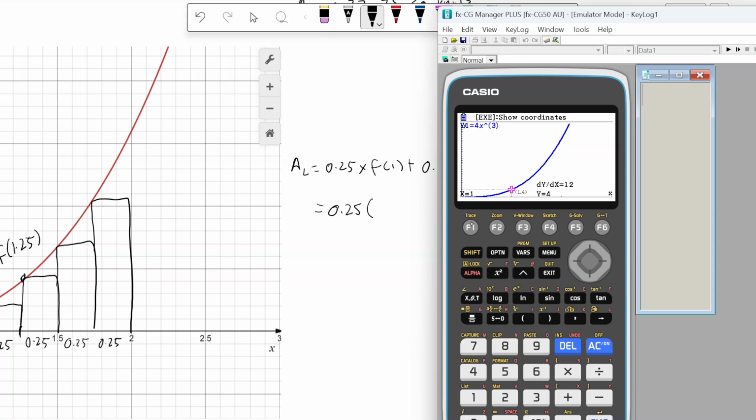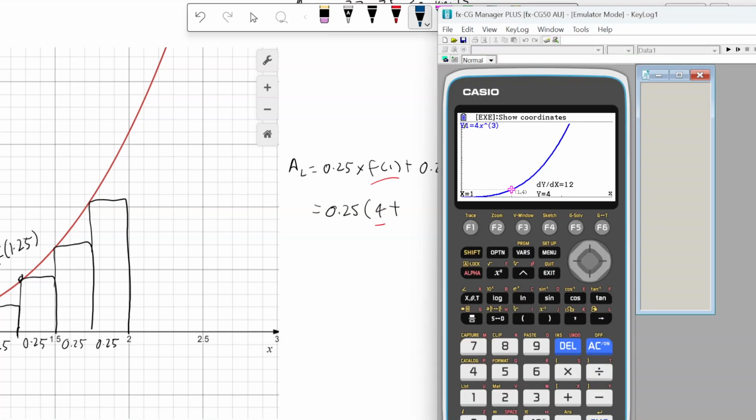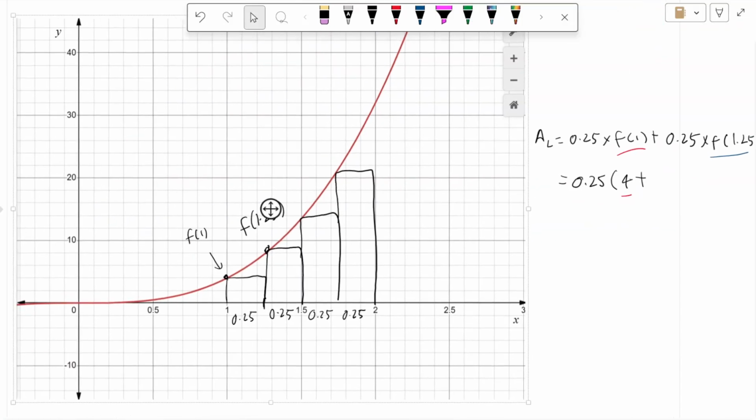So if I trace at 1, I get 4. Next one that I need to work out is f of 1.25. So if I trace at that, I get 7.8125.